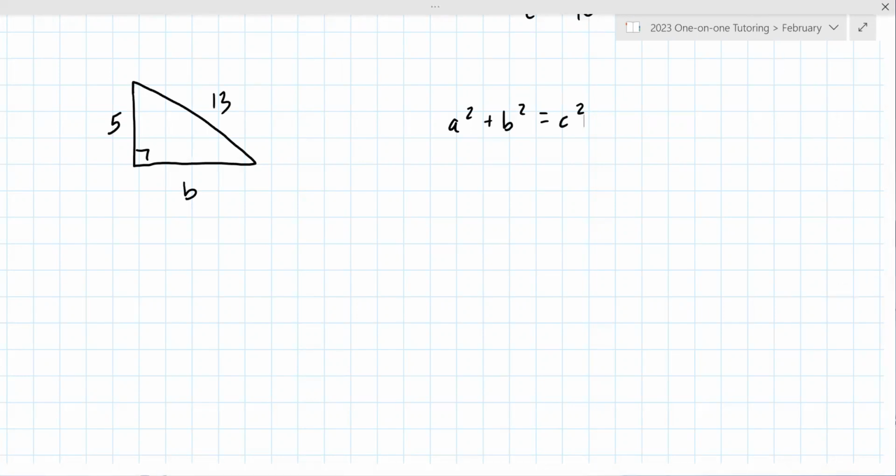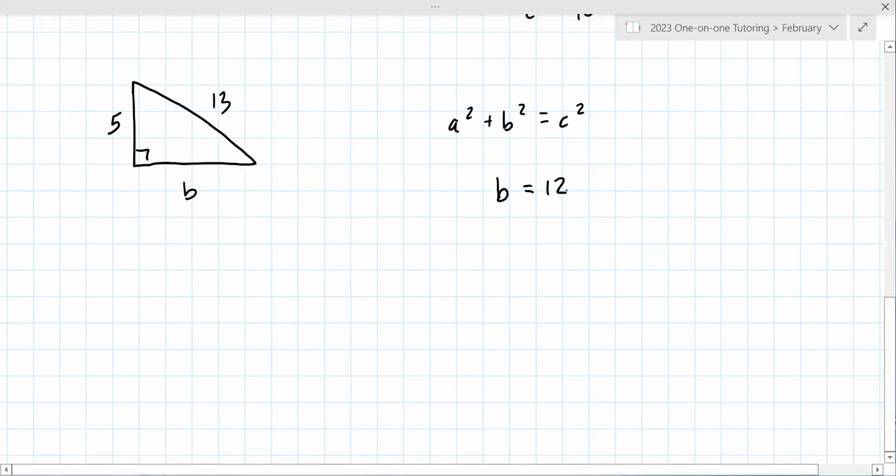And then I minus 25 from there, 144. And that would leave me with 12. B is 12. Very good. How would you describe the difficulty of that question for yourself? It wasn't too difficult. You just had to do the right equations. Got it.